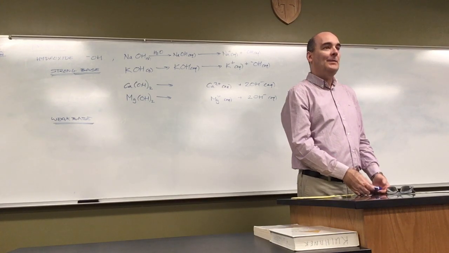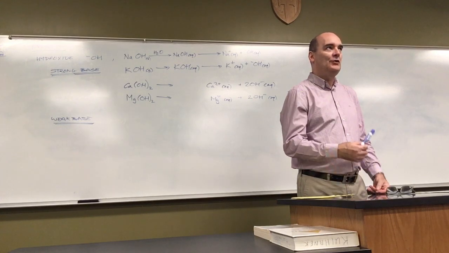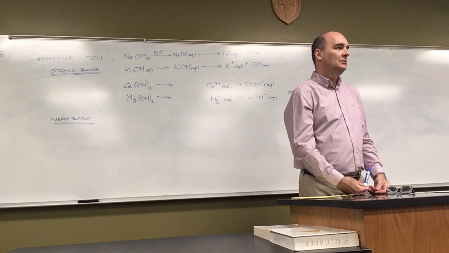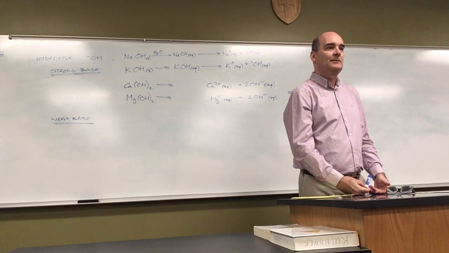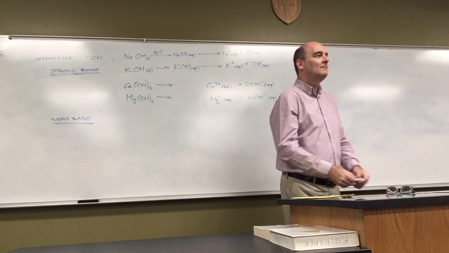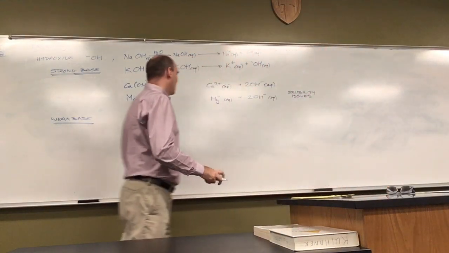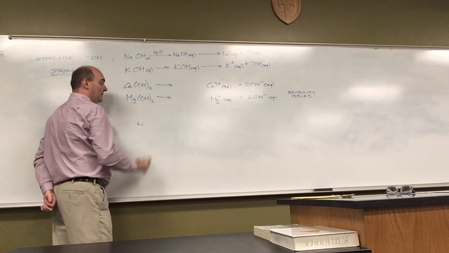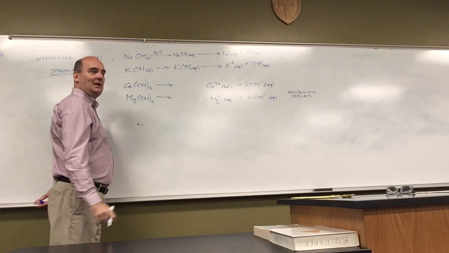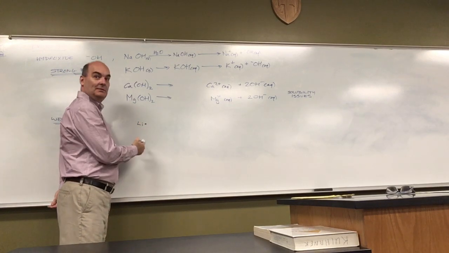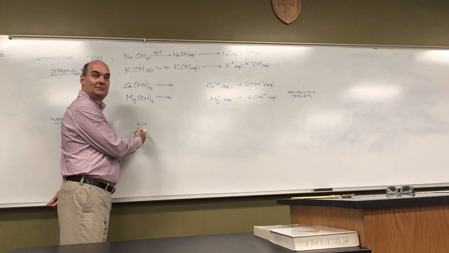Where on the periodic table will we find elements that have non-bonding pairs of electrons? Lithium's in group 1. How many valence electrons does it have? Can it have a non-bonding pair of electrons?